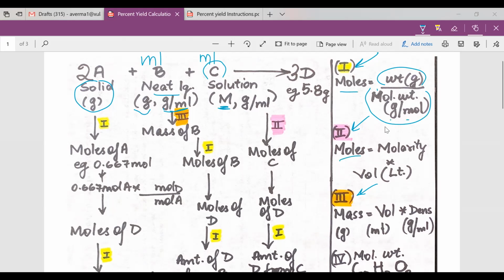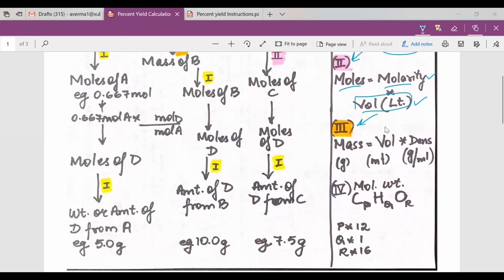For solutions whose molarity is known to you and whose volume you convert into liters, you will calculate moles by multiplying the molarity and the volume in liters.